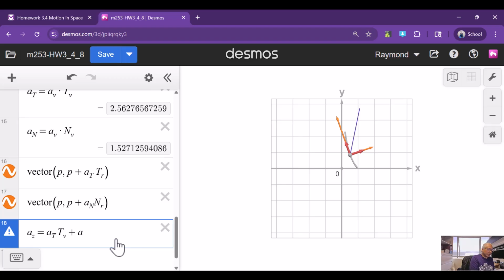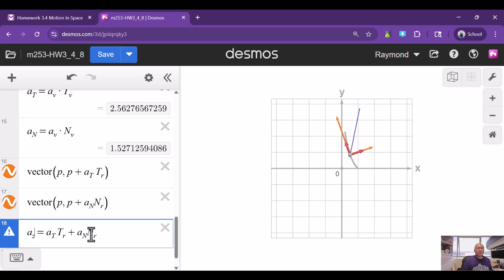Plus a sub n times n sub v. Nope, it doesn't look like I can do the vector, so I have to use the r's for now. And it still doesn't like it.